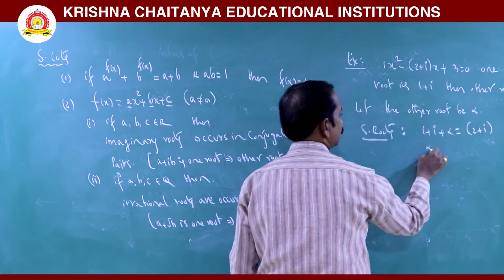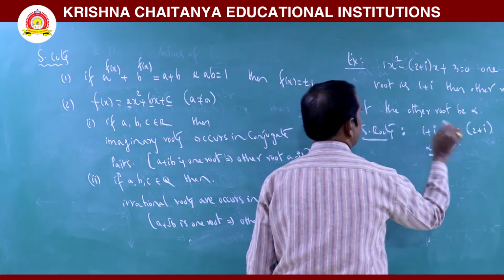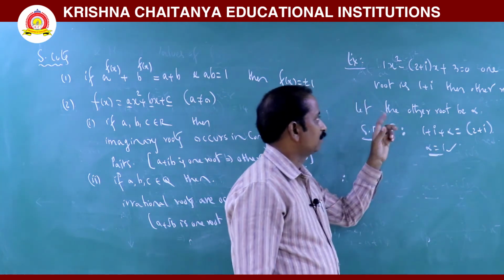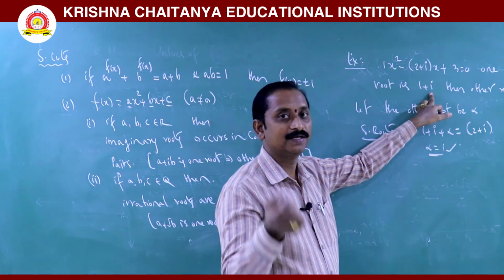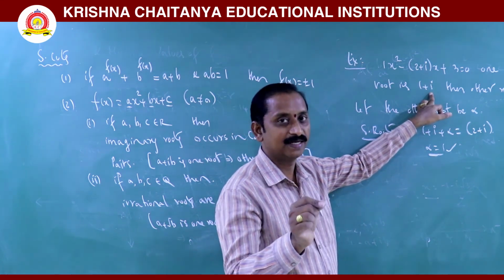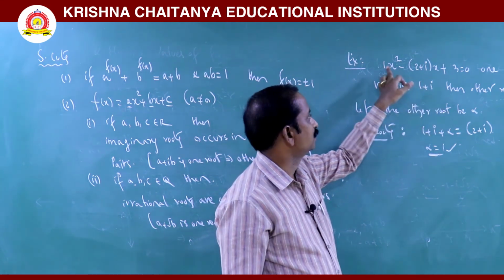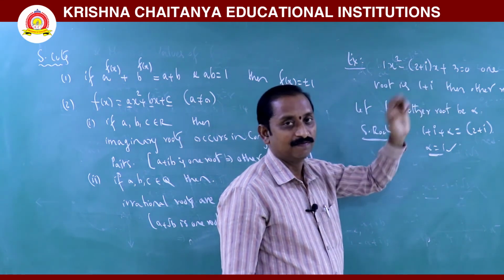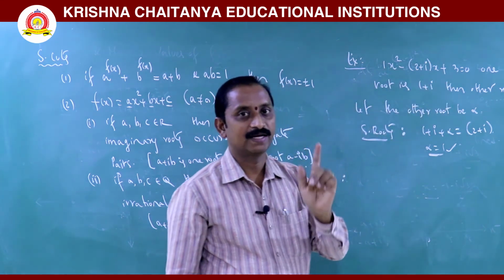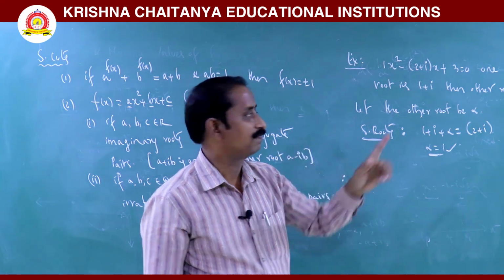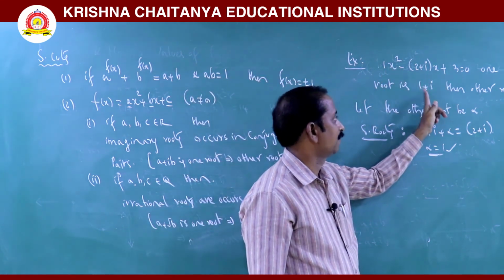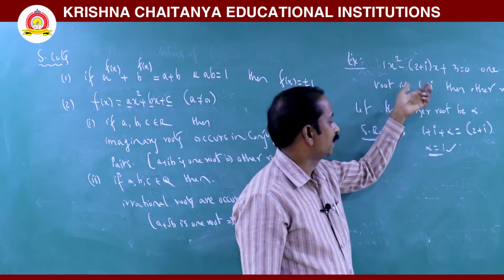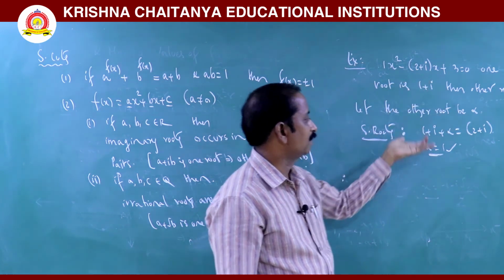The i gets cancelled, then alpha is equal to 2 minus 1, which is 1. So think yourself: one root is 1 plus i, another root you can't directly write as 1 minus i, because observe the coefficients. You write 1 minus i only when the coefficients are real. If coefficients are not real, you don't write 1 minus i as the other root. This is the process to get the other root.